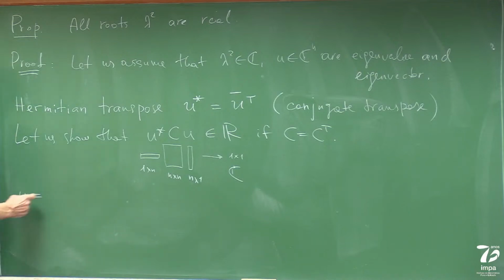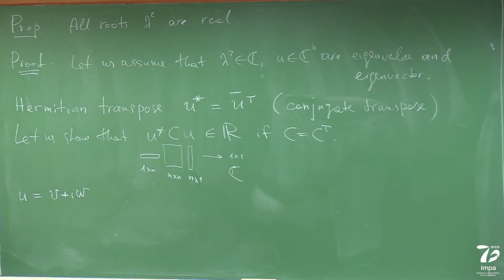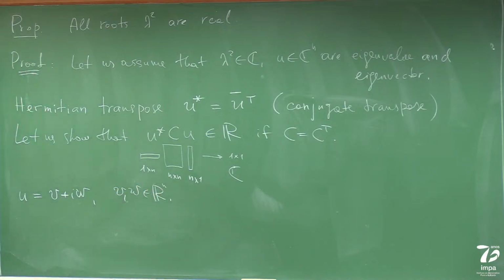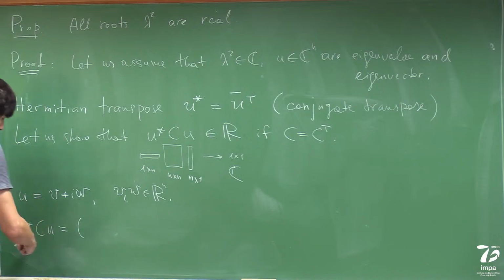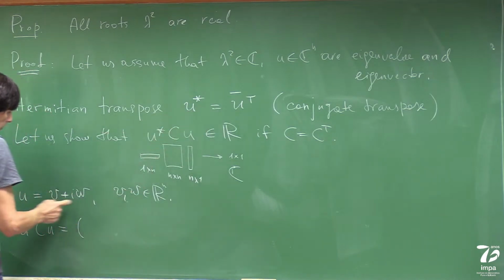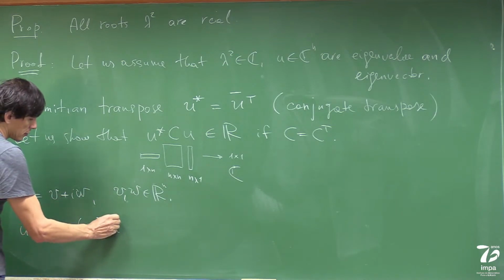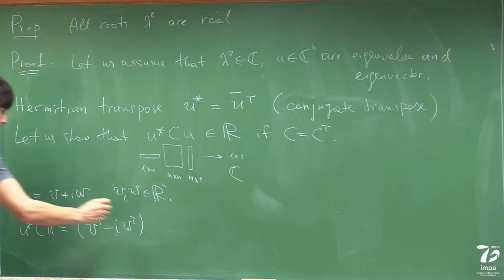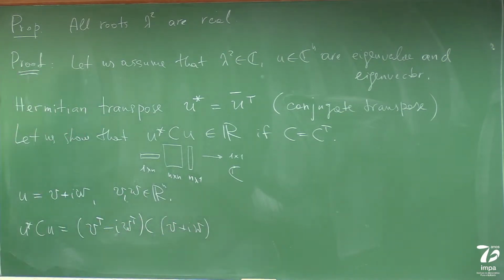How do you show it? We know that vector U is in principle complex, so let's separate the real and imaginary parts. V and W are now real vectors, the real and imaginary parts, and just compute this expression. U star Cu: U star is a complex transpose, so applying to V, it's just transpose; applying to iW, it's minus i W transpose. Then comes C, and then V plus iW.